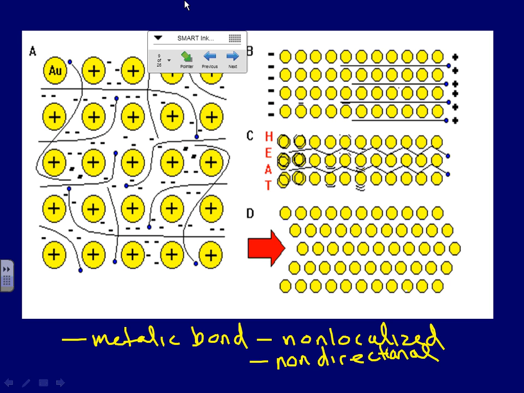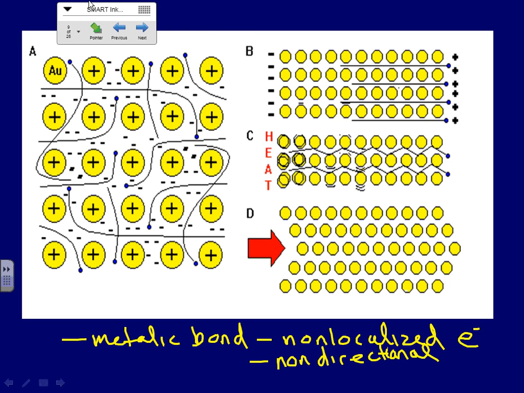I'm going to add one more thing. Localized electrons. All right? Localized electrons. Non-localized electrons. Okay? Now let's talk about how this translates into some properties. Here we've got our positive ions, and the little negative marks just represent the electrons.